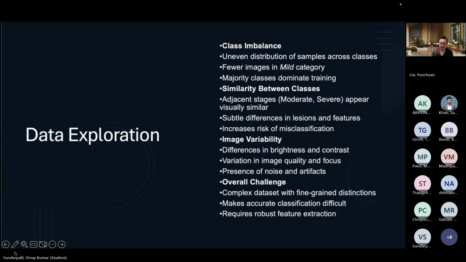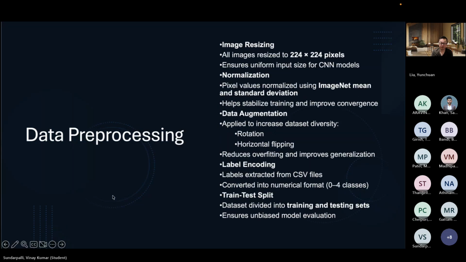Next slide, please. For data pre-processing, to address these challenges, we applied a full pre-processing pipeline. All images were resized to 224 by 224 for a uniform CNN input.